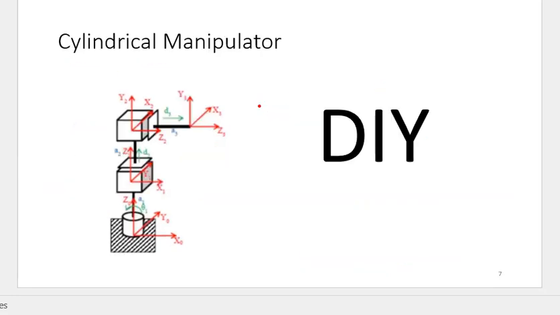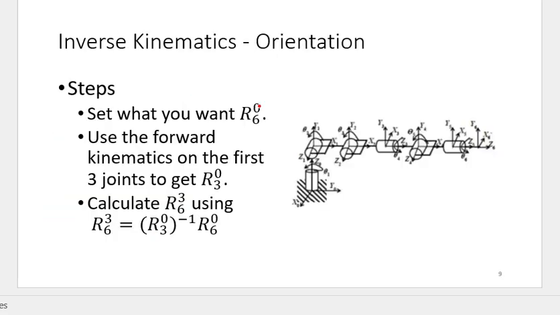And after getting that we have to set up the axes, because it is very important. Drawing the axes is the main factor for inverse kinematics. That is, frame 6 with respect to 0. Use the forward kinematics first for the three joints and calculate this way.